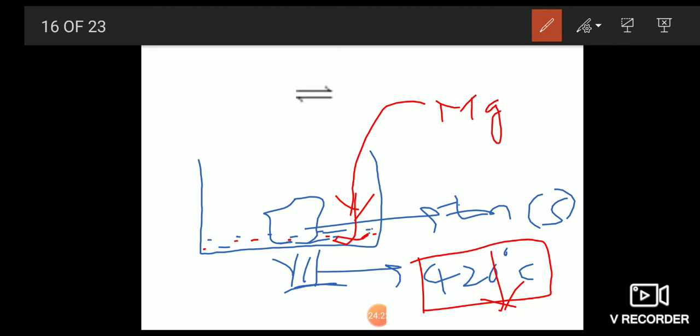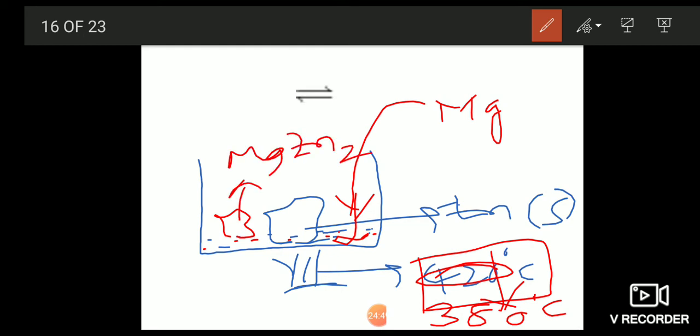After reaching 380 degrees Celsius, what will happen? The further added magnesium will not dissolve in the solution. It will form a separate solid, MgZn2. That is, it will react with zinc and start forming the solid MgZn2.